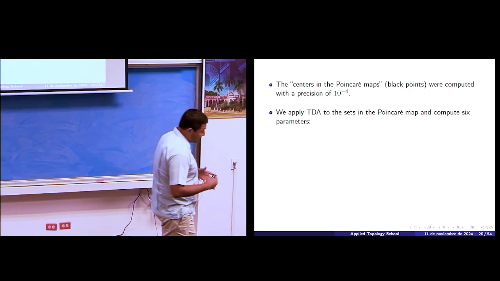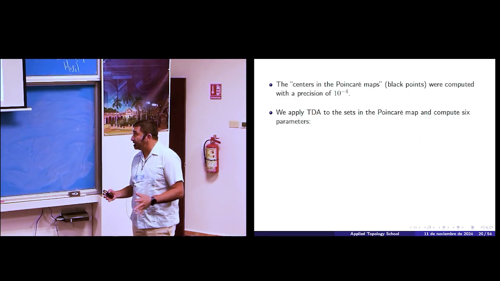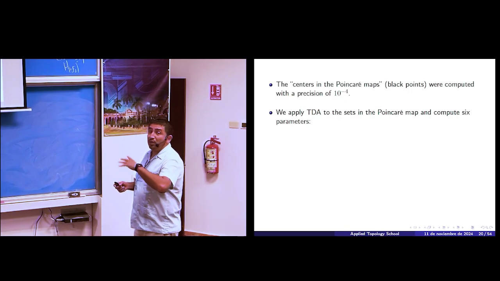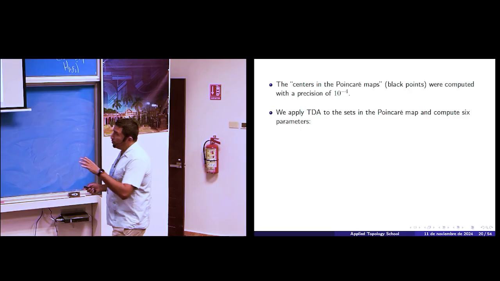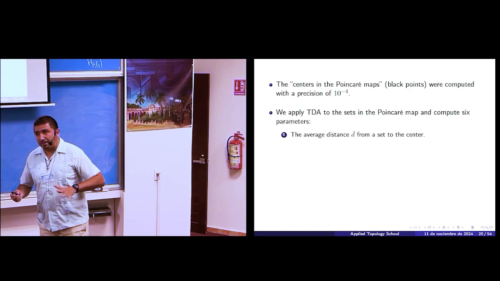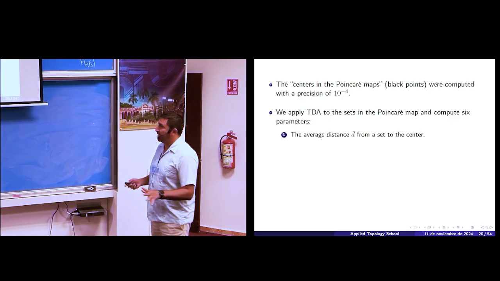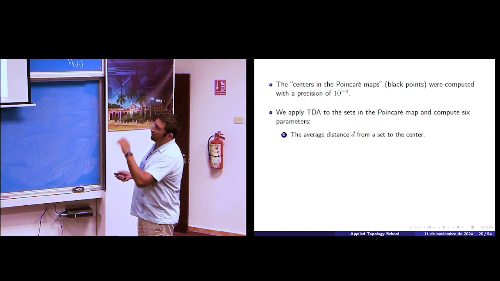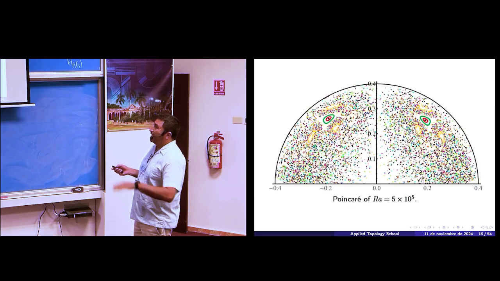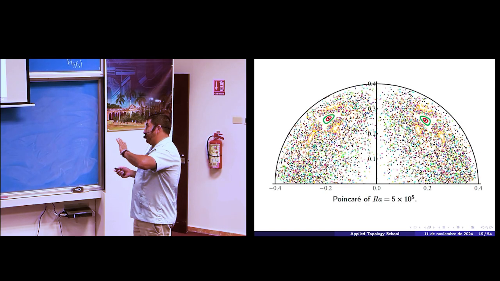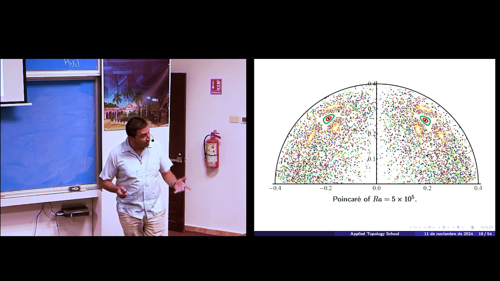Remember that the goal is to quantify the geometrical properties of the Lagrangian orbits with TDA. We use 6 parameters obtained with persistent homology, more precisely, but not all of them. The first one is the average distance from the set to the center. Remember that we don't know any solution of the Navier-Stokes equations.